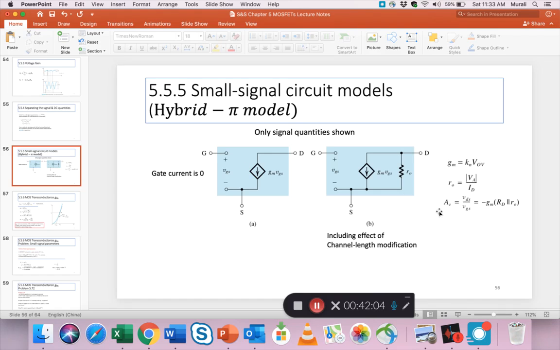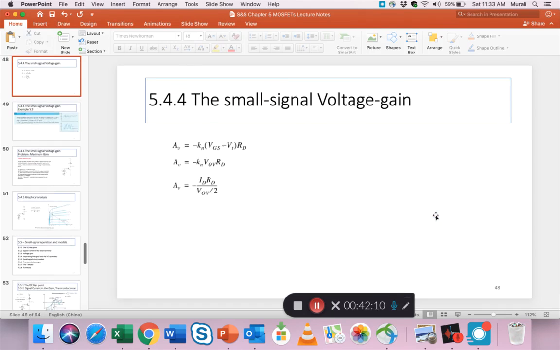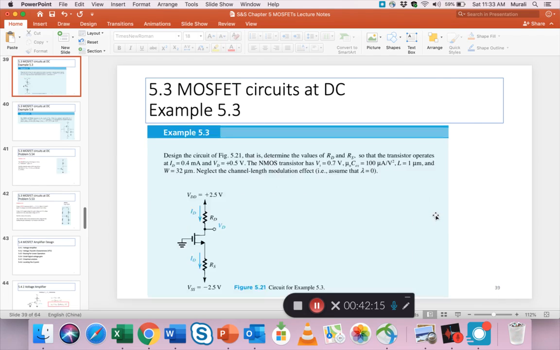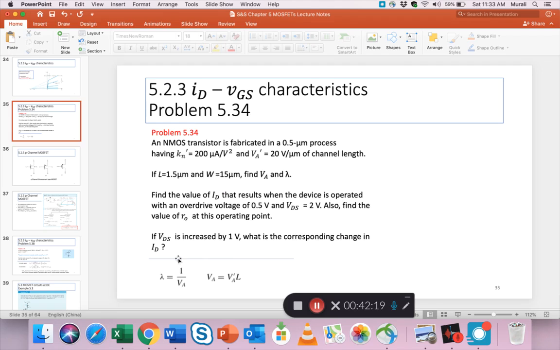Just to go back a couple slides so you can remember the alpha and the lambda business. Hold on. I have to go back. Yeah, here is another place where I show you the relationship between lambda and VA. VA equals VA prime L. VA prime is generally given, right?